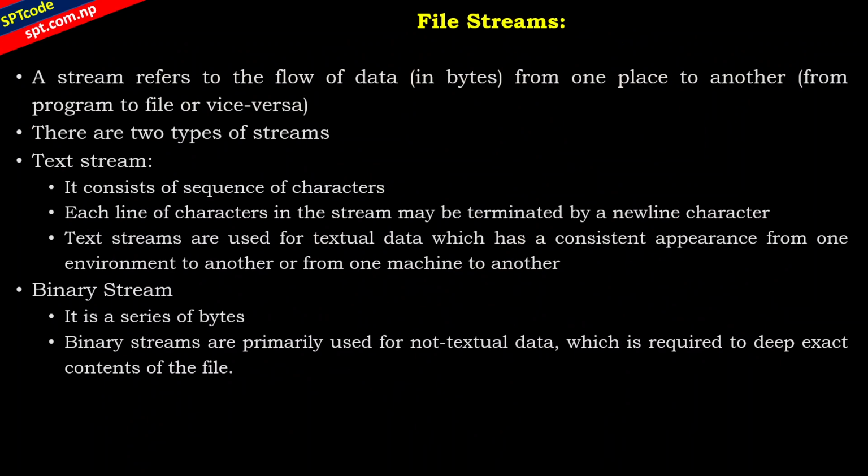If you talk about the types of file, we have two different streams. So what is a stream exactly? A stream is the data flow, based on what type of data you are working with or handling. Mainly we have a text stream and a binary stream.